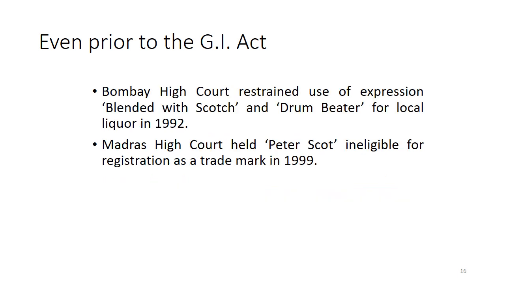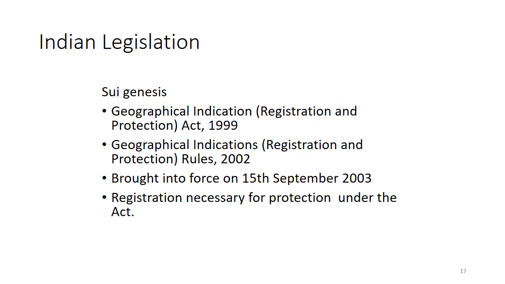Even prior to the GI Act, the Bombay High Court restrained the use of expressions blended with Scotch and Drum Beater for local liquor in 1992. The Madras High Court held Peter Scott ineligible for registration as a trademark in 1999.